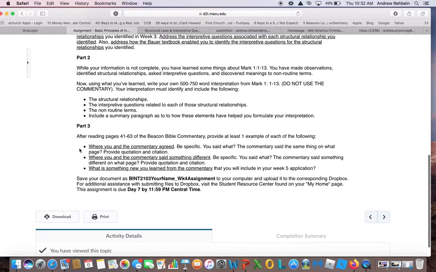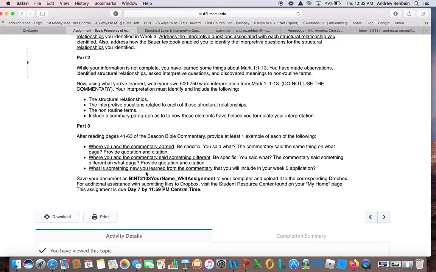Now part 3, you actually start going to the commentary. So the other textbook in the course, the Mark textbook, you're going to read pages 41 to 63, and now you're weighing your observations against the commentary's observations. So again, keep it simple in this phase. Where did you and the commentary agree? Where did the commentary say something different?